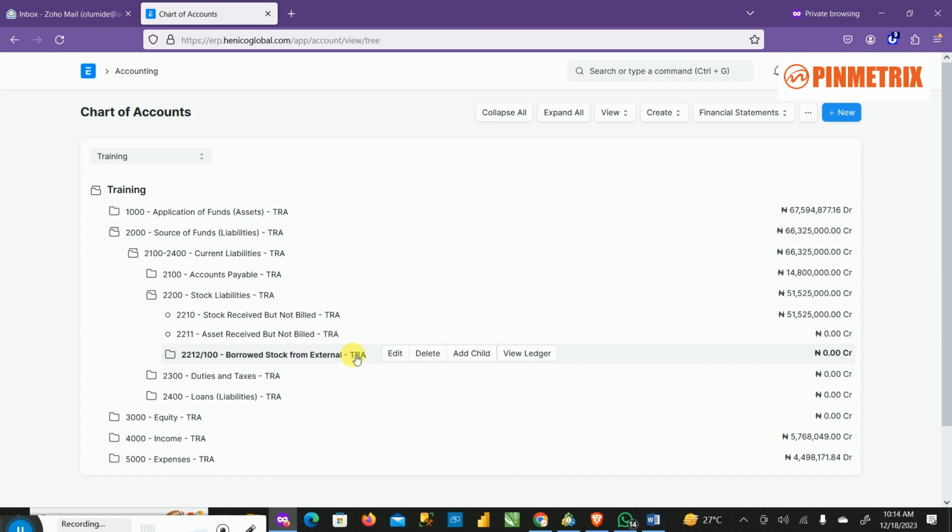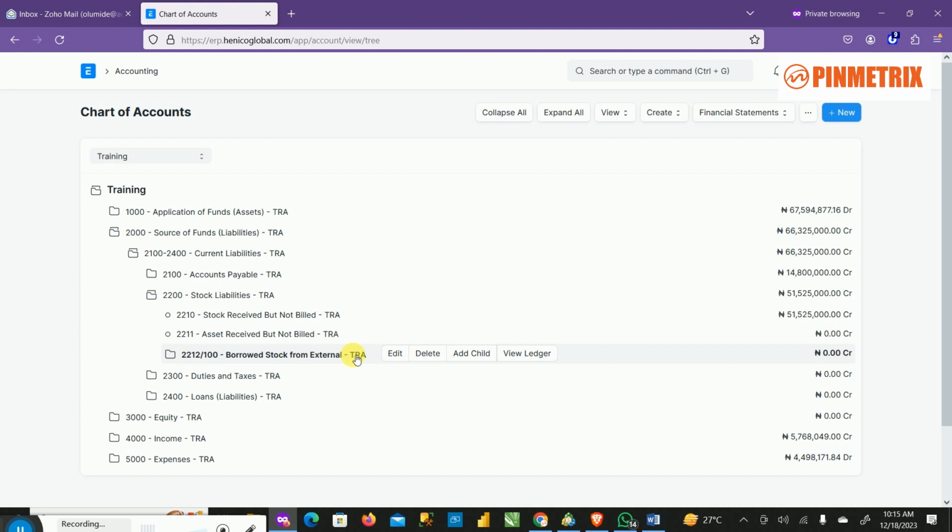So when you are returning the stock they lent you, it's the same ledger account that will be involved, but now in reverse. Like the other one where we debited the stock account, this time, because you are returning, you have to credit the stock account, which is the same Calabar LPG.